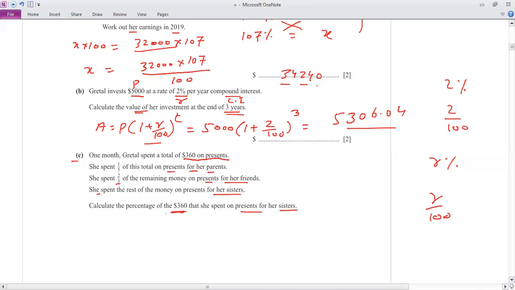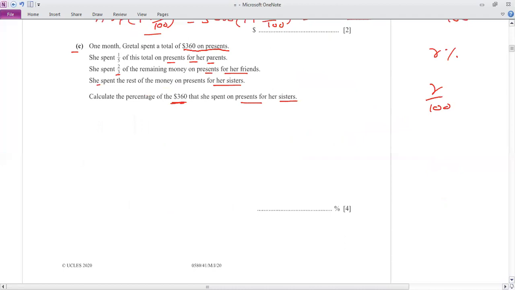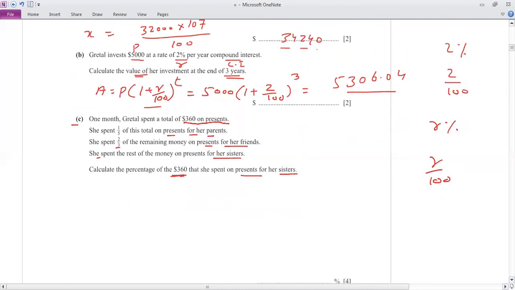So first what you need to do is calculate. How many marks it will be depends on my calculation. 4 marks are enough. 1 month Gretel spent a total of 360 on all presents. This is the amount she has total for spending. Out of that 360 she will spend on the presents. Now 1/5 of this total on the presents for her parents.